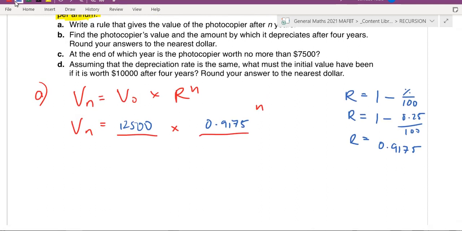Okay, part B. These ones are, I think, a bit easier. Find the value of the photocopier if it depreciates after 4 years.